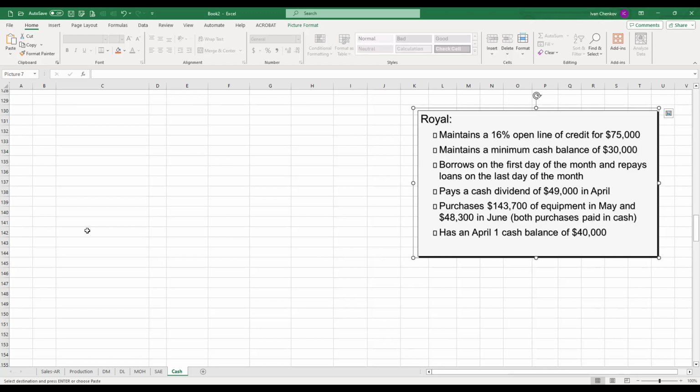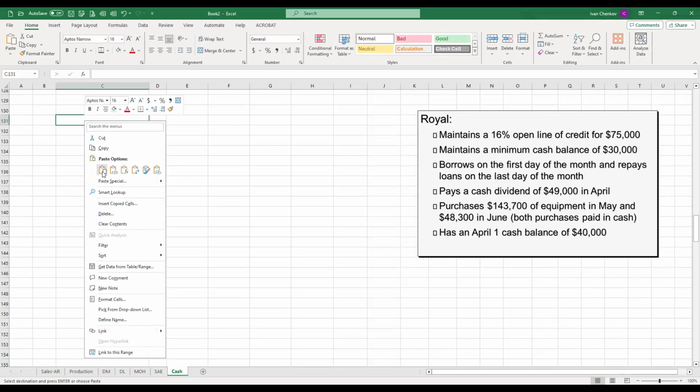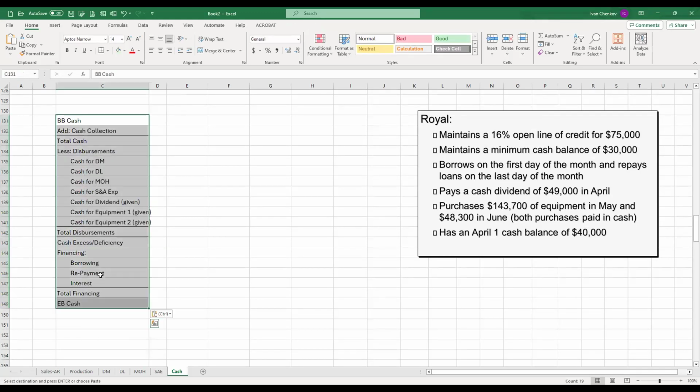They want to pay a cash dividend of $49,000 in April. They want to purchase $143,700 of equipment in May and $48,300 in June. Both purchases are paid in cash, and at April 1st, or March 31st, they have a balance of $40,000. So we have all the information that we need, and we just have to prepare the cash budget.